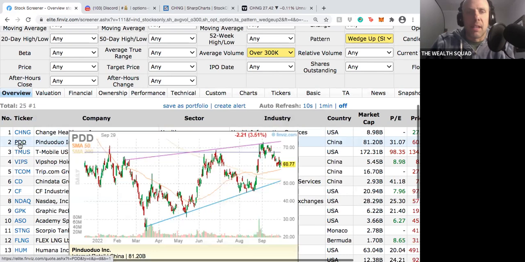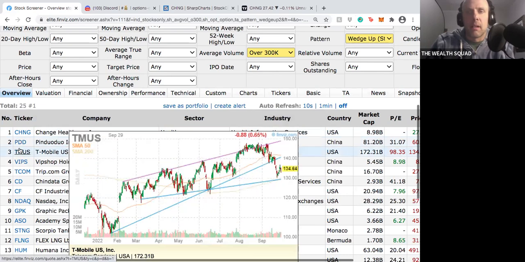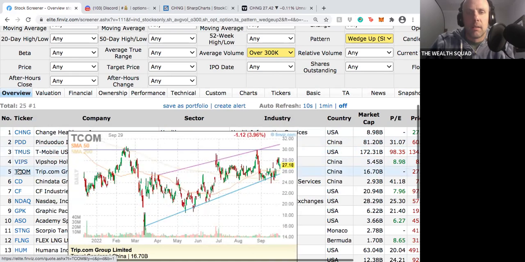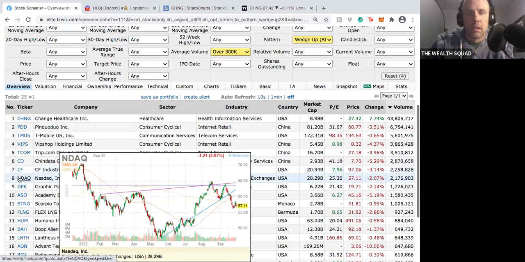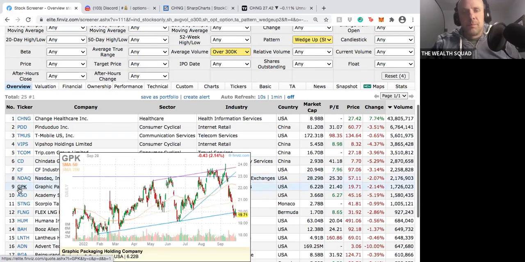So looking at some of these other ones that are in the wedge to the upside, right? So I can come down a little bit. Now this one really fell down well below that channel, right?